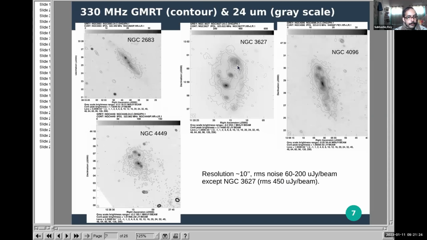The 24 micron image is shown in grayscale, and often you can see that the radio emission is more extended than what we see in 24 micron. That is from the Spitzer images of the galaxies in grayscale.